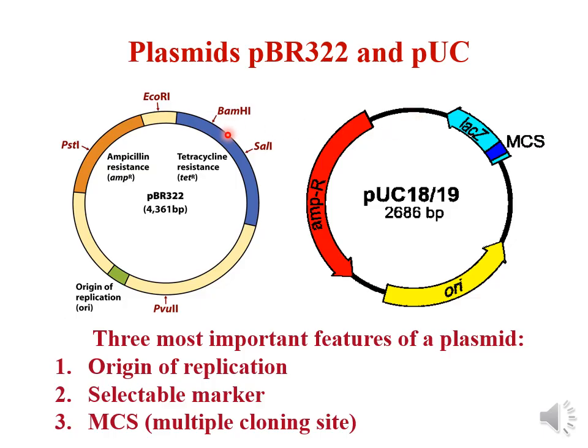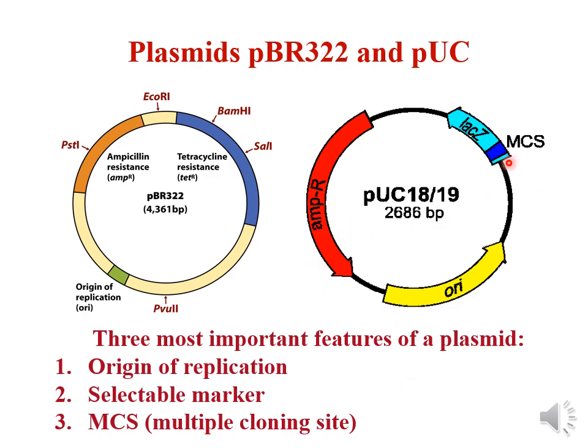So here too, the multiple cloning site might be present in this or in this. It depends on which kind of vector it is. It may be present here or here, but it should be there. And those sites which are present in the multiple cloning site are not present anywhere else in the vector, because if, for example, two sites are there, one in the multiple cloning site and the other somewhere else, what would happen?